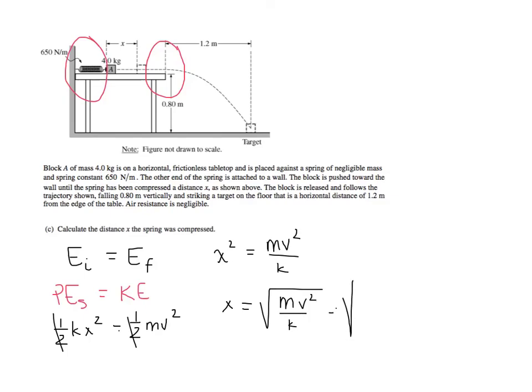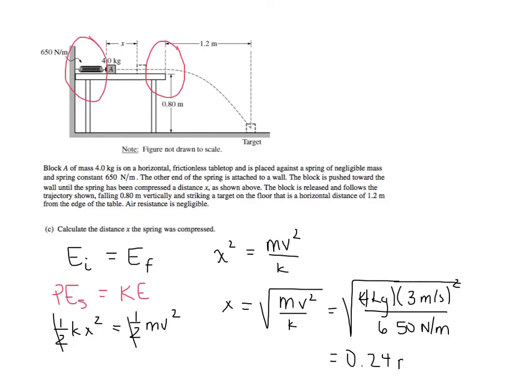So we have the square root of, our block is 4 kilograms, our velocity is 3 meters per second, squared, divided by our spring constant, which was 650 newtons per meter. And so we get the answer of 0.24 meters. So the spring is compressed 0.24 meters to have enough energy to do that.